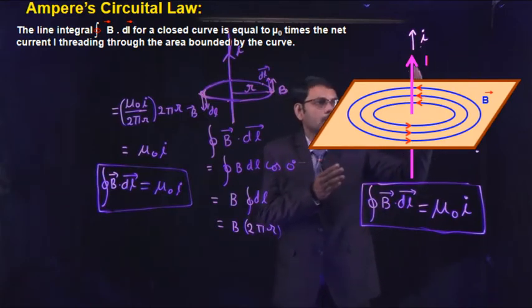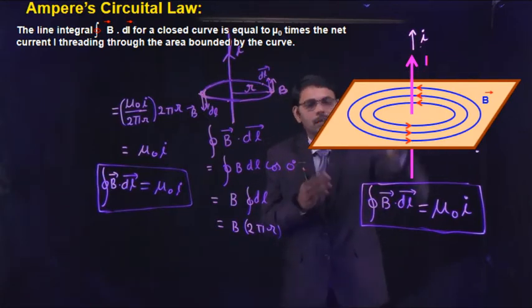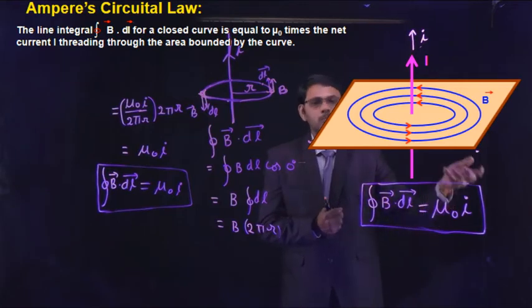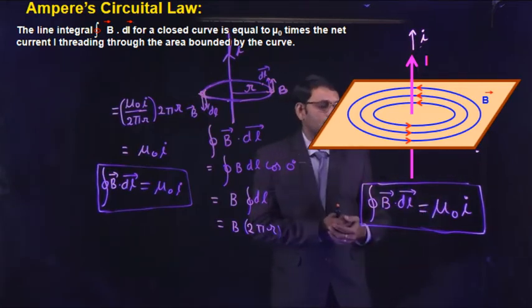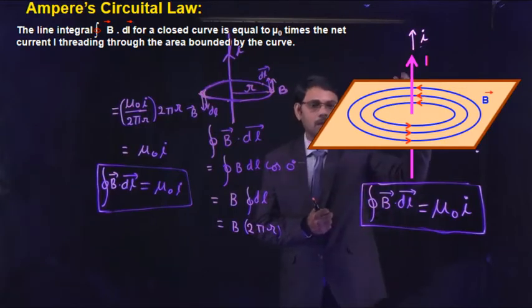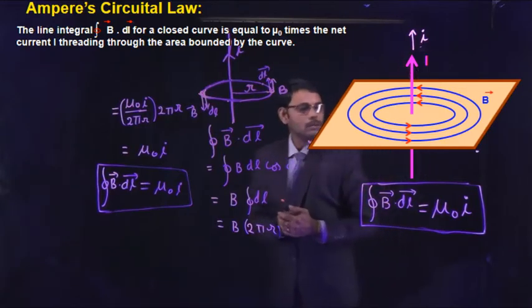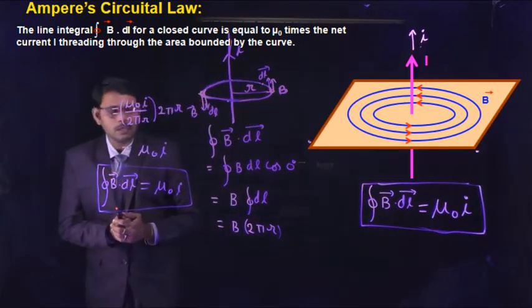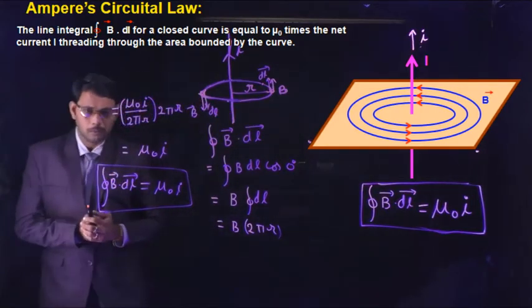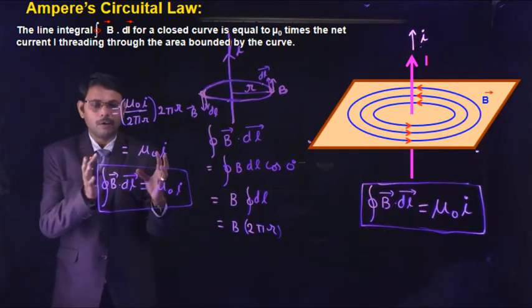The line integral of the magnetic field around the closed loop is mu naught times I. So the magnetic field along any loop depends upon the net current enclosed by the loop. So integral B bar dot dl bar is equal to mu naught times the current enclosed by the loop. This is a very important formula.